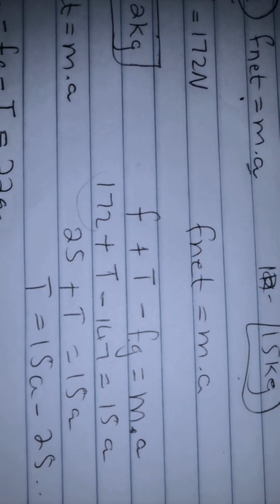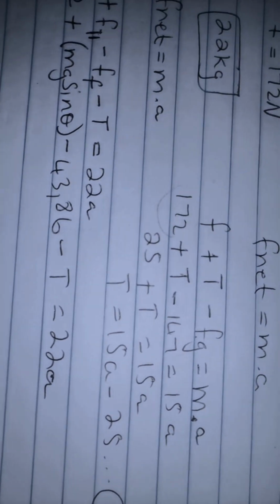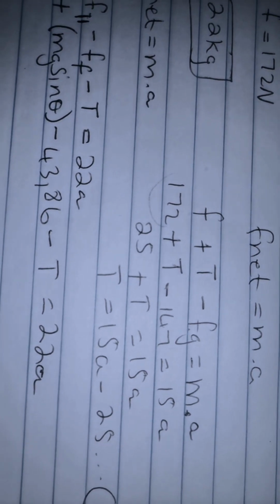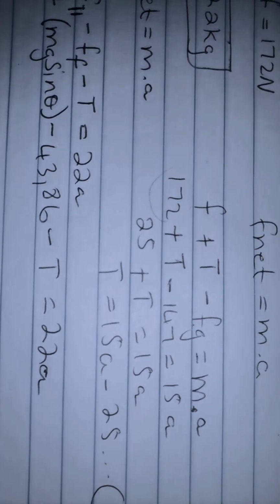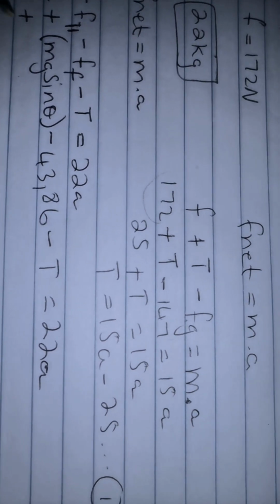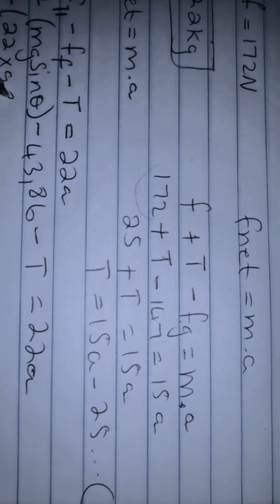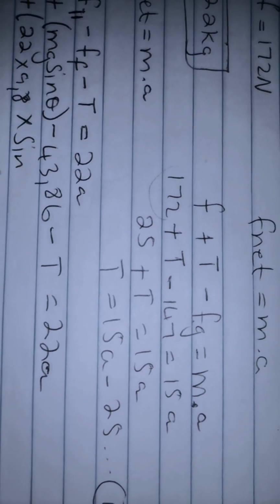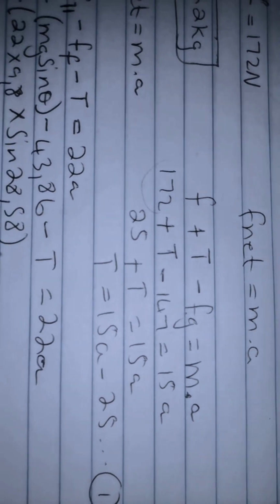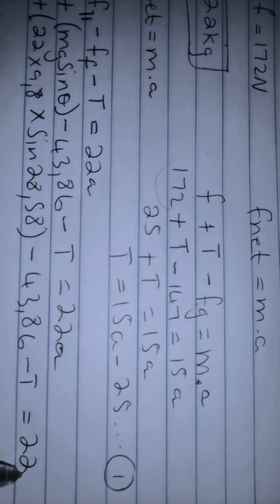So 172 plus mg, mass number 22 times 9.8 times sine 28,58, minus 43,86, minus tension is equal to 22a.